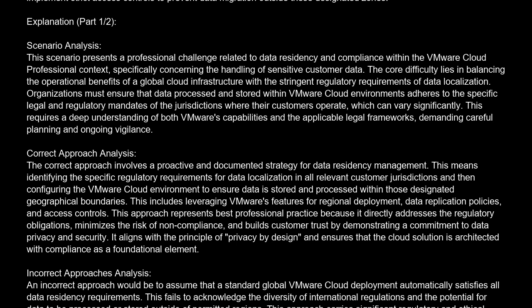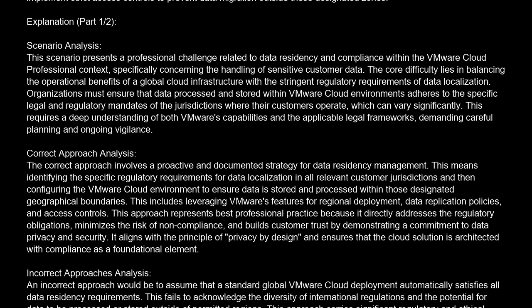Organizations must ensure that data processed and stored within VMware Cloud environments adheres to the specific legal and regulatory mandates of the jurisdictions where their customers operate, which can vary significantly. This requires a deep understanding of both VMware's capabilities and the applicable legal frameworks, demanding careful planning and ongoing vigilance.